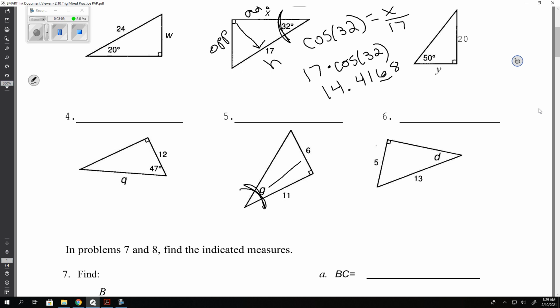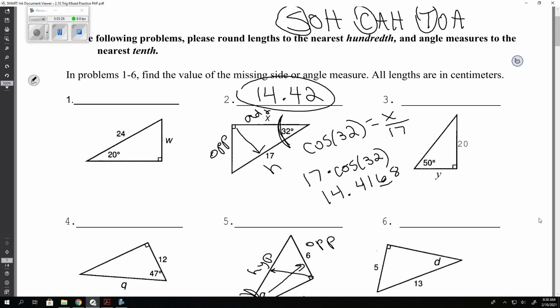And look, I draw my arrow straight across, and that's my opposite. And then here, this is connected, but this one's not the hypotenuse, right? The 11 is not the hypotenuse, it's the adjacent. Alright, so we have adjacent and opposite. Adjacent, opposite. Think about Coca-Cola.